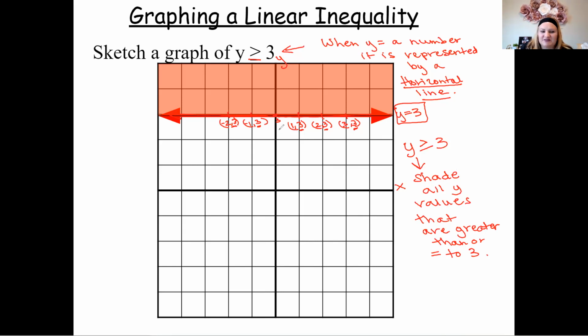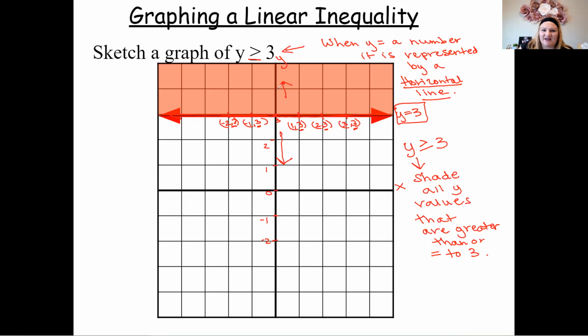So you would look and say, okay, are all the y values going this way greater? Are all the y values going this way greater? Look at these y values. This is a 2. This y value is a 1. This y value is a 0. This y value is a -1. This y value is a -2. Going down, all of these y values are less than 3.